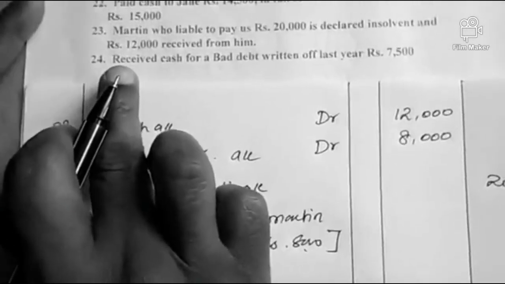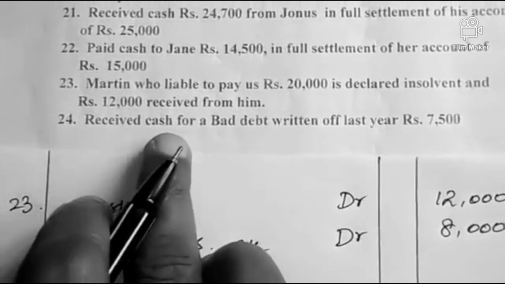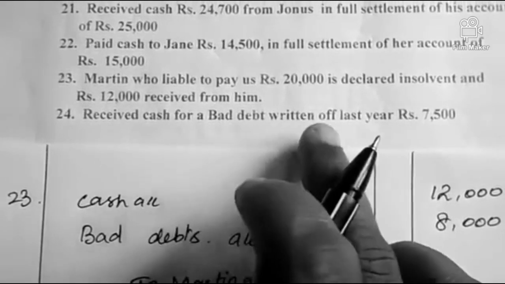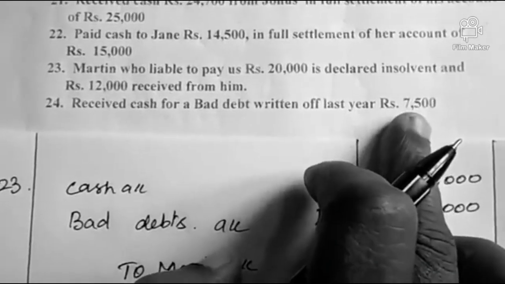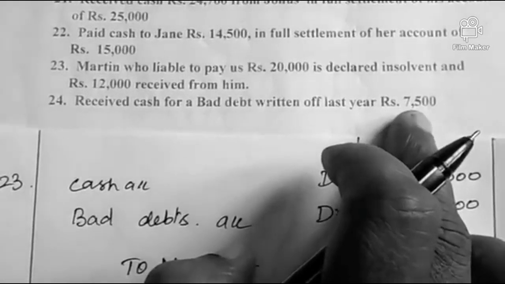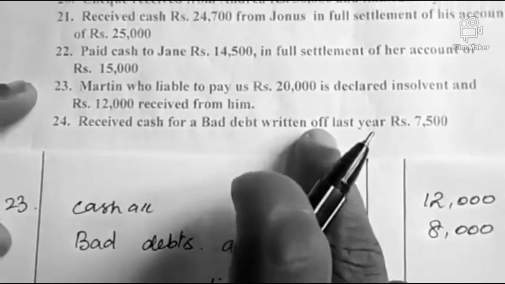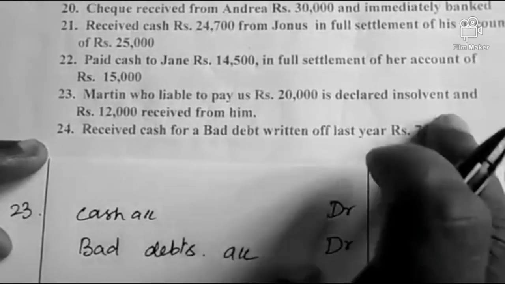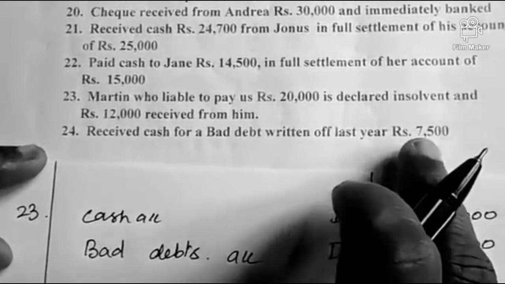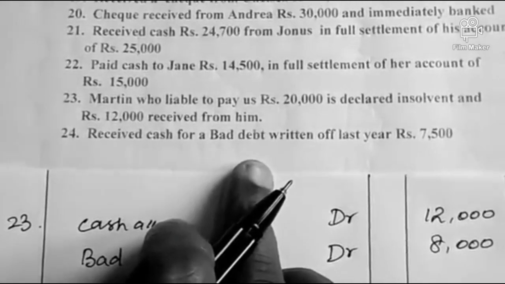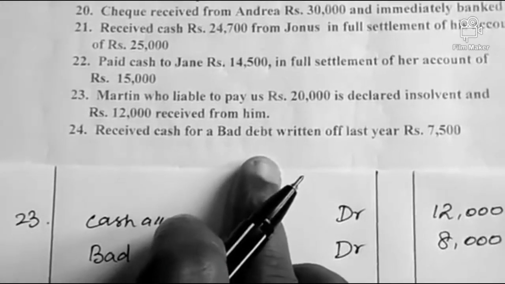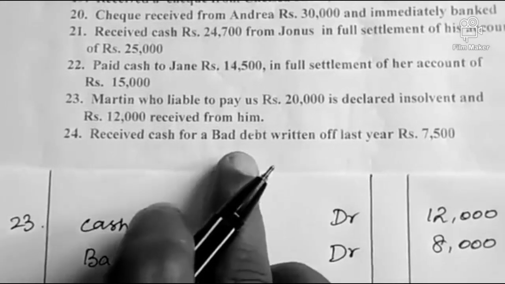Then the last transaction, received cash for a bad debt written off last year. This transaction is different. This bad debt belongs to last year. Sometimes it may happen that you receive some amount which was already written off as bad debts.